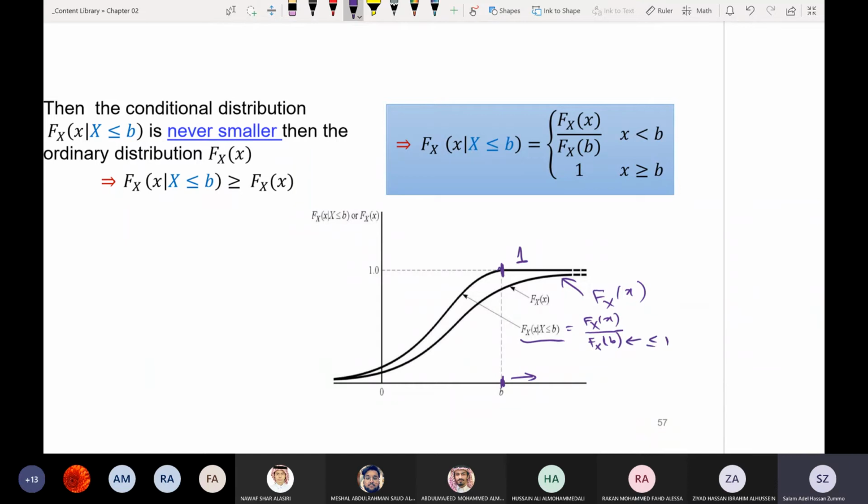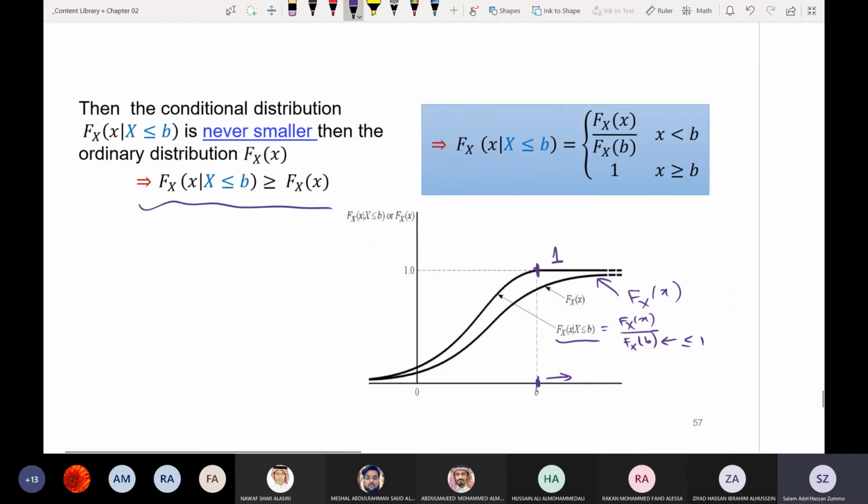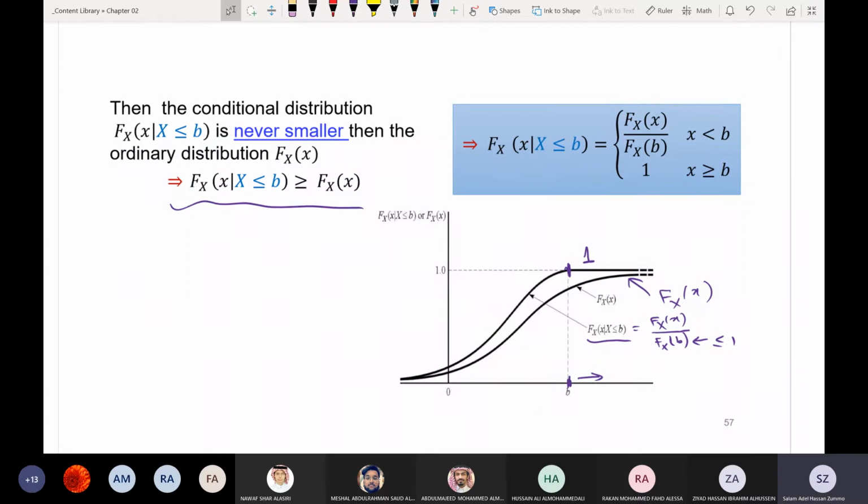And because of that, it's larger. واضح؟ And we have this equation. The conditional CDF is always larger than or equal the CDF itself.